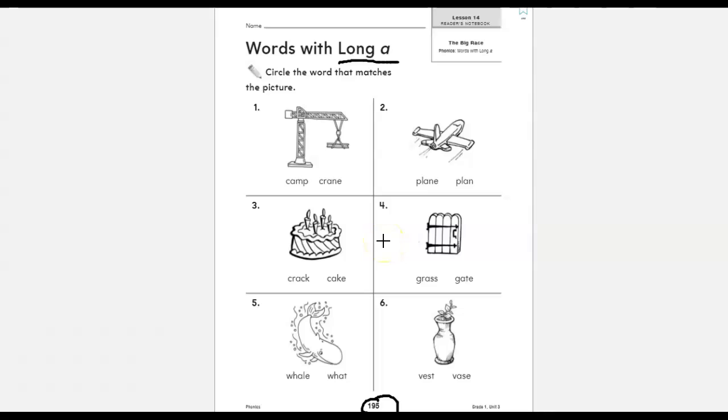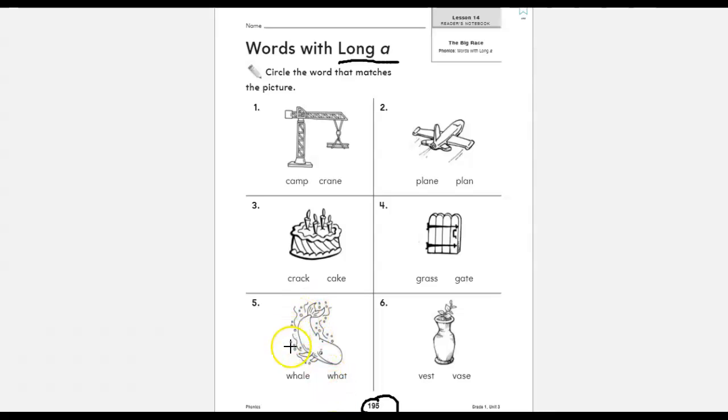On number 4, we have the words grass, grass, and gate, gate. On number 4, is this a picture of grass or a gate? Circle the word that matches the picture. On number 5, we have the words whale, whale, what, what.